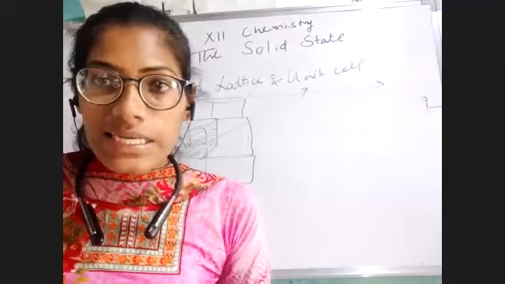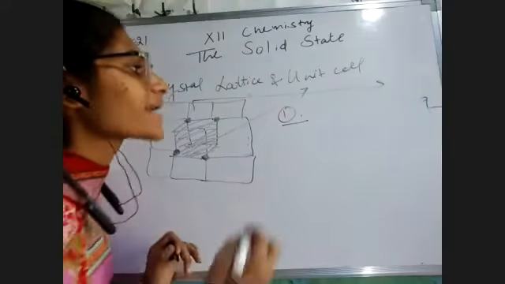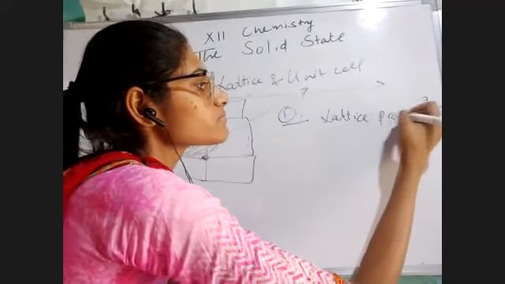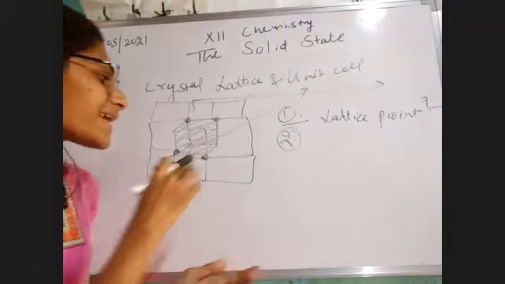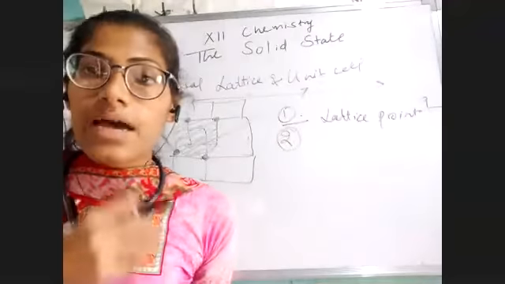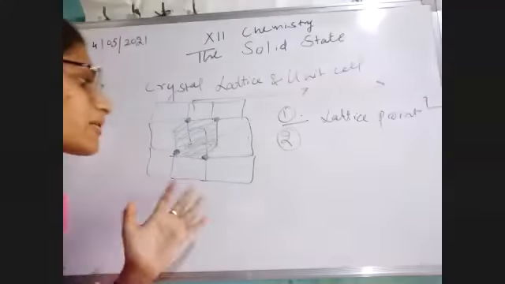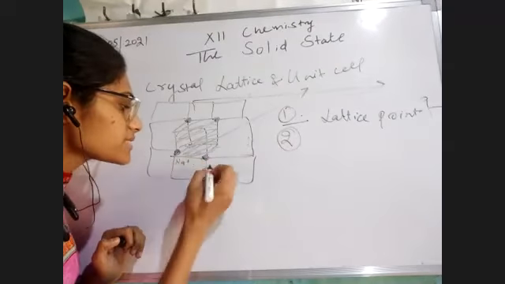The first point crystal lattice says is that each point you can see in a crystal lattice is known as a lattice point. Second, these lattice points are nothing but the constituents, which could be atom, molecule, or ion. For example, take NaCl, this is Na positive, this is Cl negative.